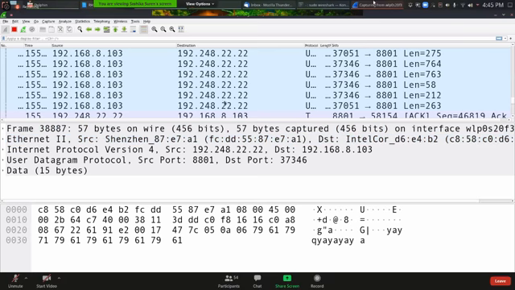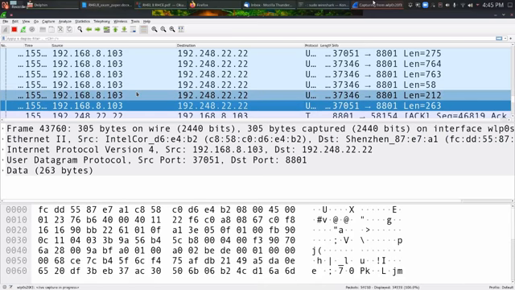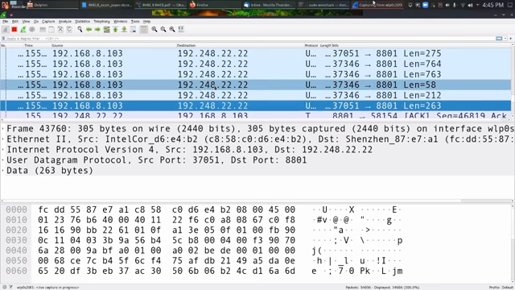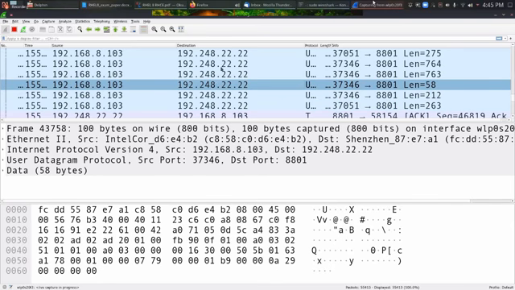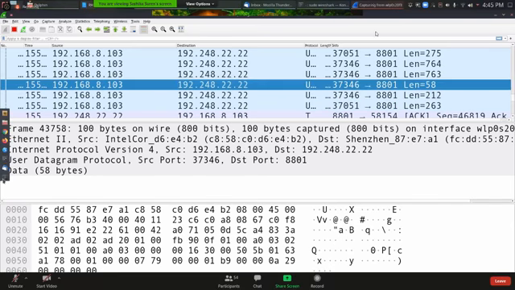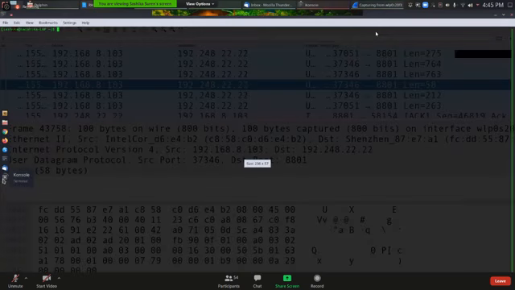That's why, whenever you use Zoom, your communications will be routed through 192.248.22.22. If you look at the whois search, this is actually the Learn communication link.